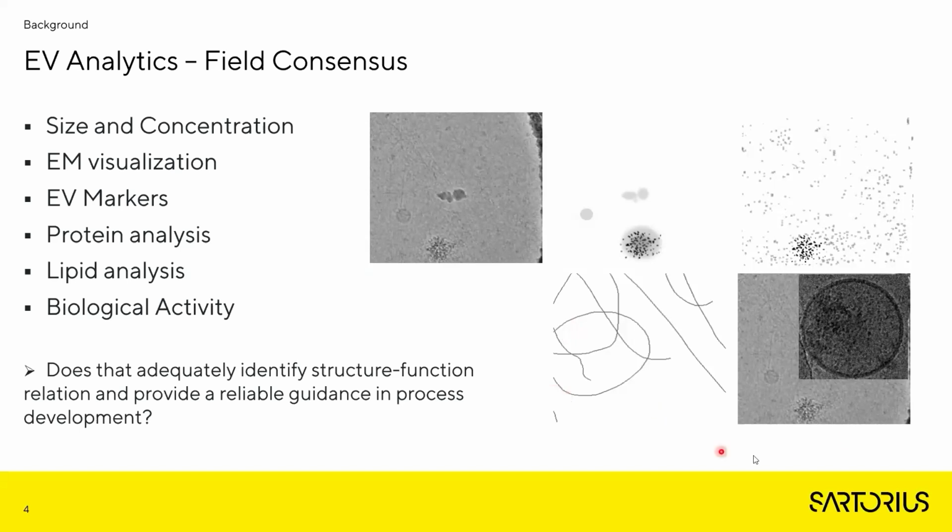Are there vesicles? We apply electron microscopy and we can see nice vesicles. But even having all this information, we often lack a linkage between them, telling us what is the actual relation between all these parameters we assessed.